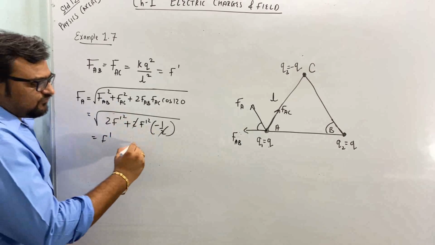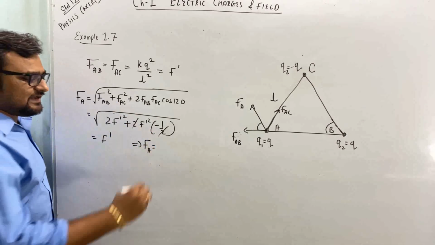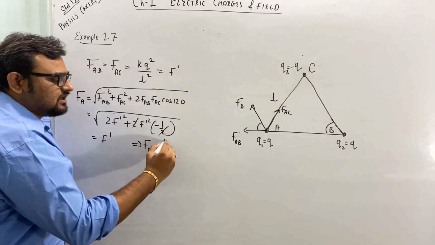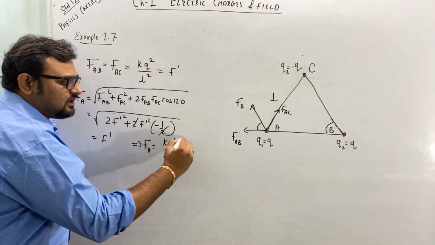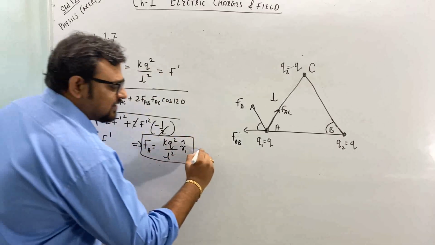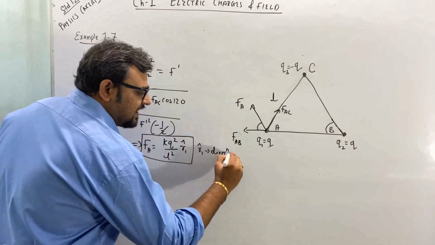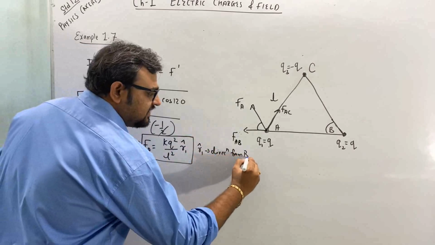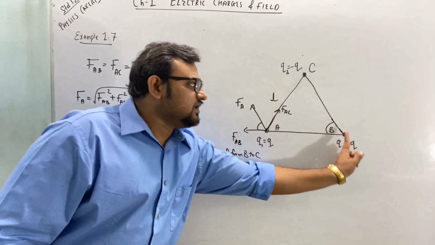So the resultant force on A, I can write it down, F dash, that is KQ square by L square into R1. Now what is R1? Direction from B to C, right? This is the direction from B to C.